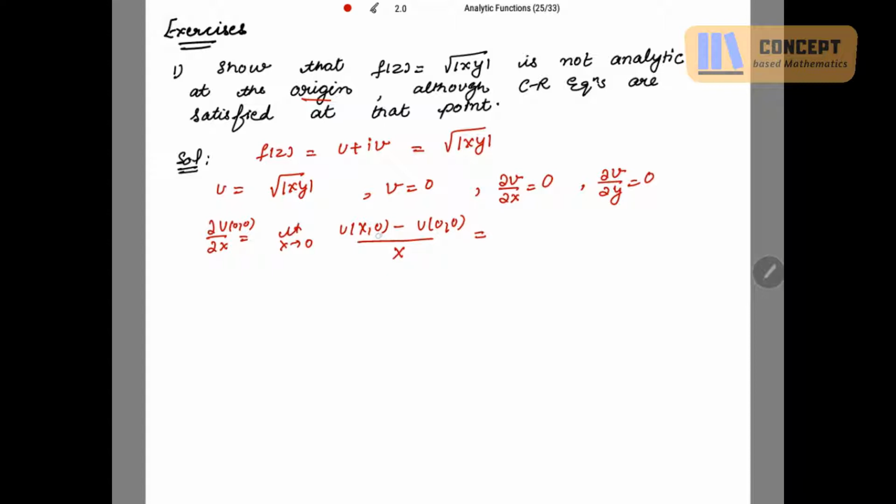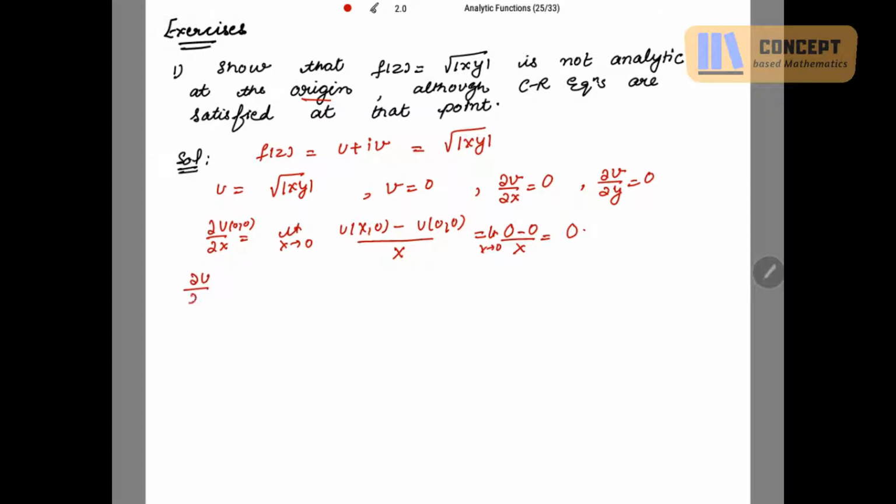Putting y equal to 0 in your u, this whole thing is 0, so this part is 0. u(0,0) is also 0. If x and y both are 0, then u becomes 0, so it is 0 over x. Limit x tends to 0 comes up to be 0.